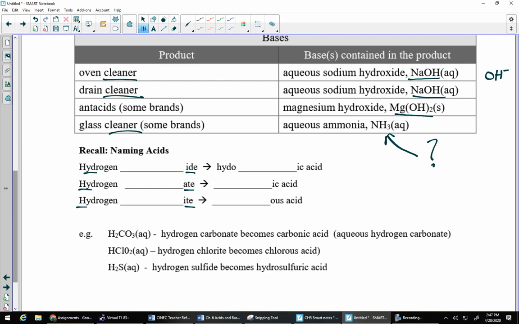Notice for now they all start with hydrogen. For example, H2S would be hydrogen sulfide. What I would do is drop the gen and call it hydrosulfuric acid. So we're dropping the gen part and just calling it hydrosulfuric acid.